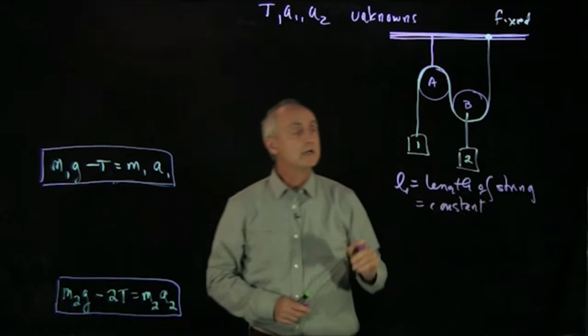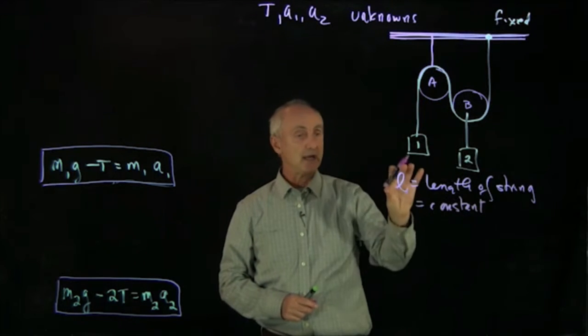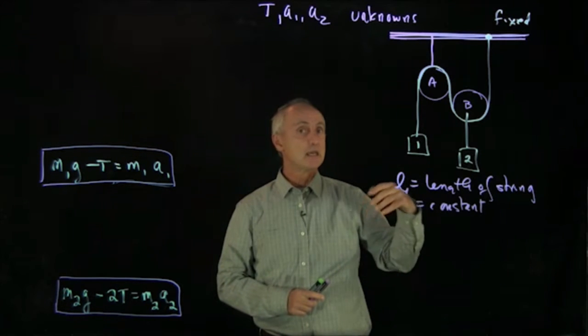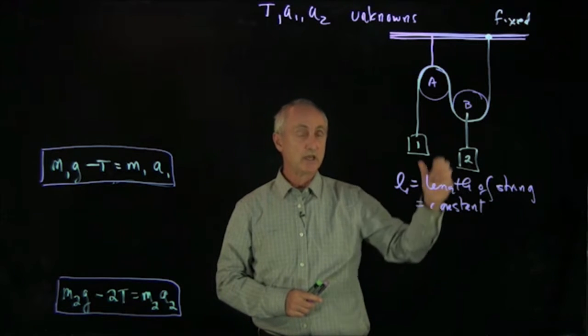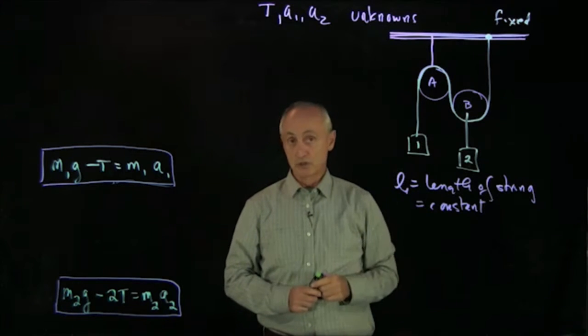We'd like to introduce coordinate functions for object 1 and object 2 and express L in terms of those coordinate functions, and then take two derivatives of L, set that equal to 0 because it's a constant, and that will give us a relationship between the accelerations of objects 1 and 2.